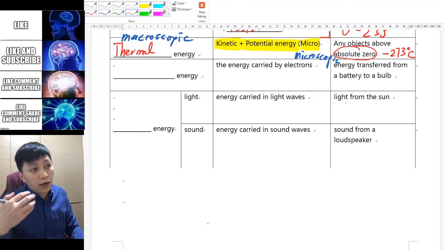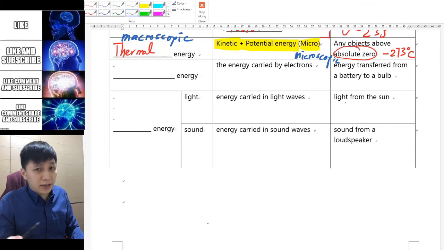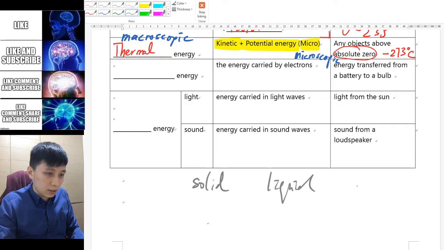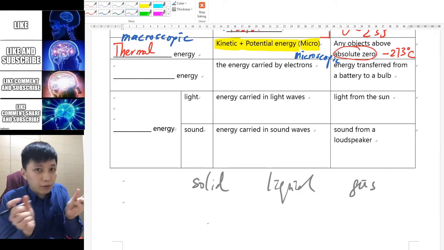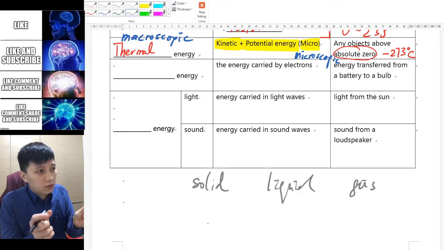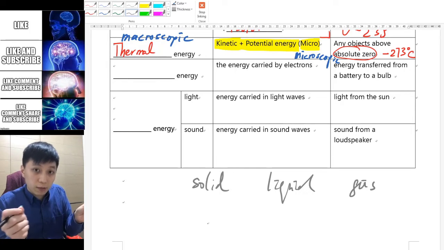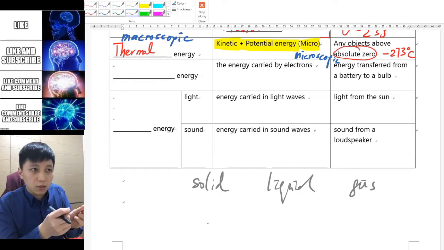Let me explain very quickly. In an earlier, I think junior secondary, you should have learned about particle theory, and you should have heard about solid, liquid, and gas, right? And you should have learned about how the particles are separated because of the potential energy. The further away they are, the greater potential energy they have because they want to get back.